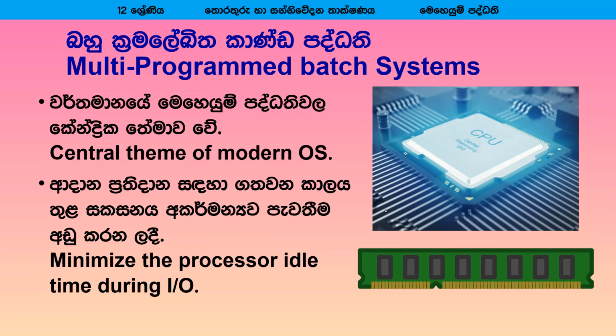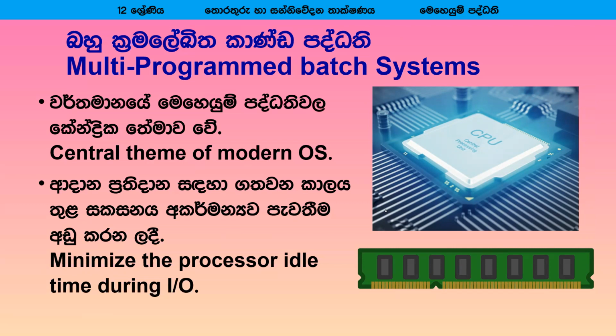Now multi-program batch systems. So here, the computer scientists developed the operating system into a place where it can work with the CPU as well as with the RAM. So now the RAM comes to the stage, right?